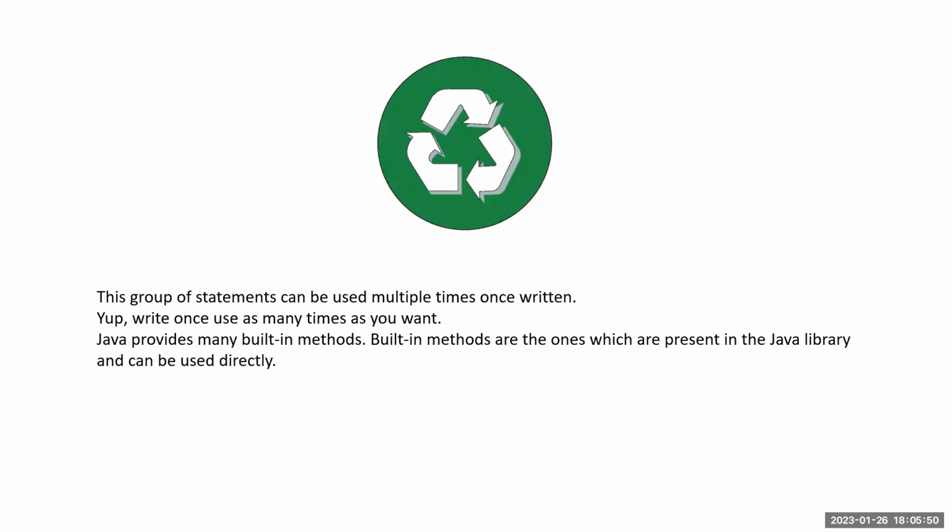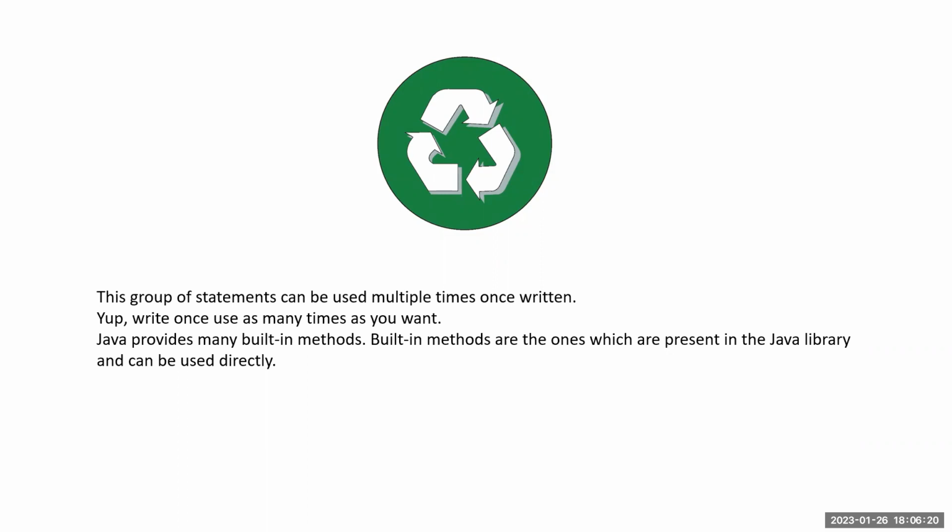So my concept is, once you write something in a method, it can be reused by anybody if you expose it as an API, and it can be reused in other ways. Similarly, Java also has many built-in methods with their APIs.